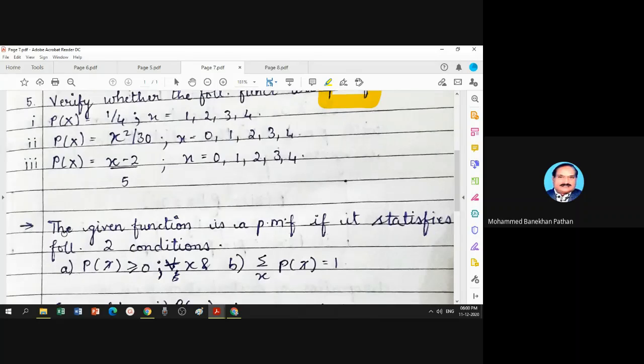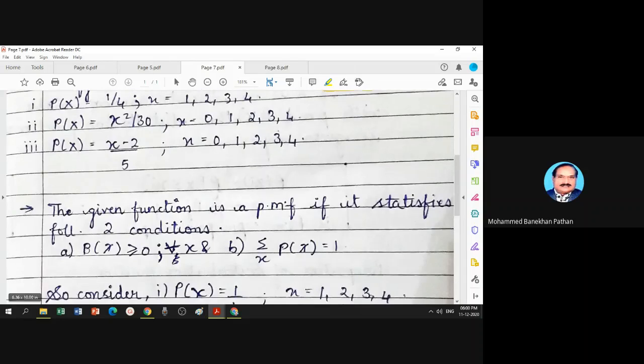Number 1, the given function is a PMF if it satisfies the following two conditions. Number 1, Px greater than equal to 0 for all x. And number 2, total of Px should be 1.